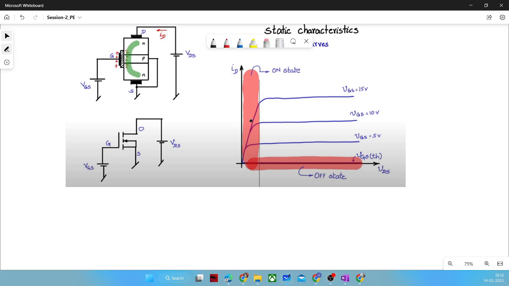Sir, please discuss question 10 of the assignment. Which assignment? Assignment 3, MOSFET 1. Assignment 3 MOSFET. Okay. So let me see the problem. Yeah, just a second.